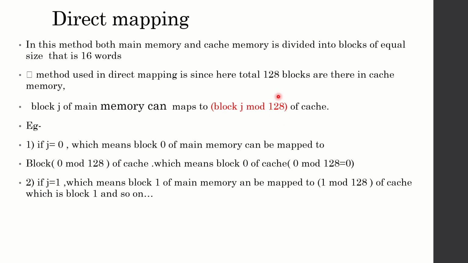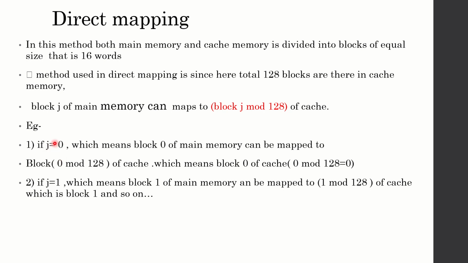And how did you get this 128 value? Because in our example, the cache memory has 128 blocks. So we can take certain examples. Suppose that we have block 0 in main memory. That is, we want to decide where we will place block 0 of main memory in cache. So here the value of J is equal to 0.